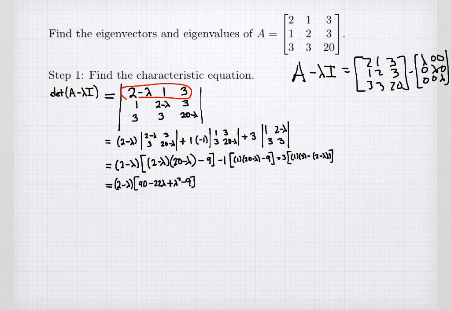And now let me finish up the rest. And now that I have that expanded, I need to distribute this 2 minus lambda across this multiplication, and I'll also simplify these terms. So again, you don't need to watch all that, so pause it, work through it, check your answers.